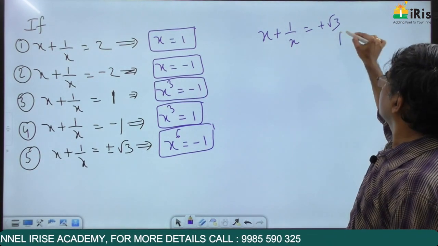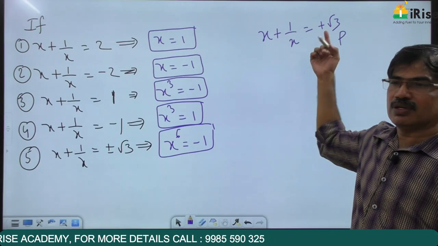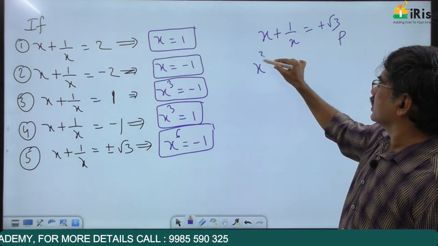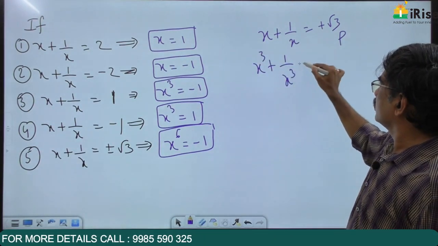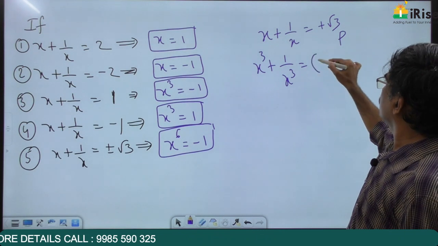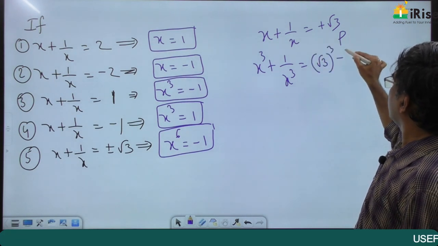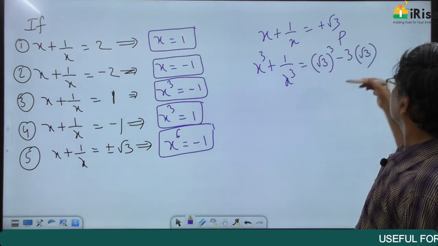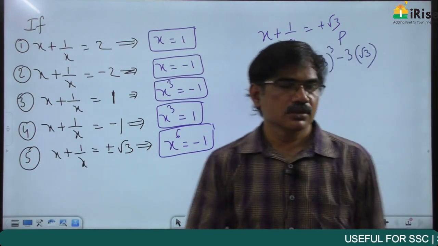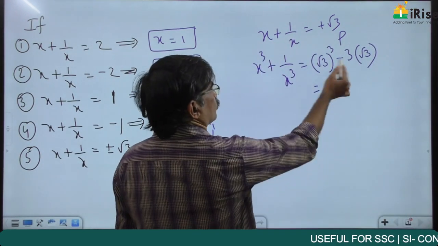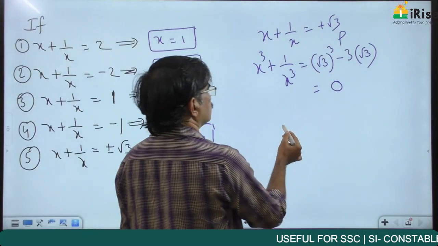Consider this as p. If x plus 1 by x is equal to p, what is x cube plus 1 by x cube? p cube minus 3p, which is equal to 0.